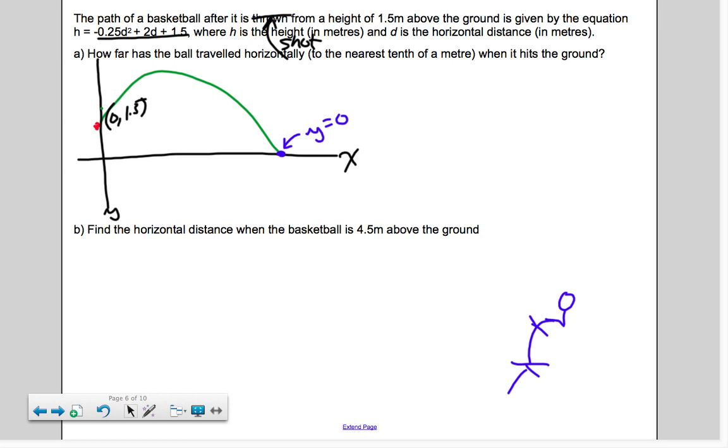Y being 0. Now, Jake, why is it that we want to use the quadratic equation to find roots? Find the vertex. So basically, we want to find when the height is 0.